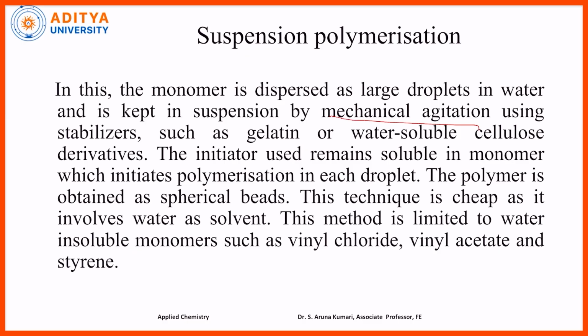The initiator used remains soluble in monomer, which initiates polymerization in each droplet. The polymer is obtained as spherical beads. This technique is cheap as it involves water as solvent. This method is limited to water insoluble monomers such as vinyl chloride, vinyl acetate and styrene.